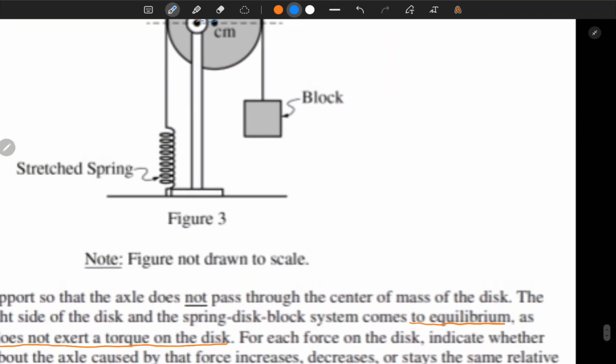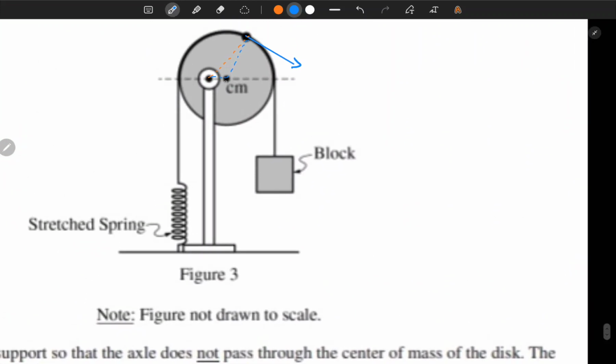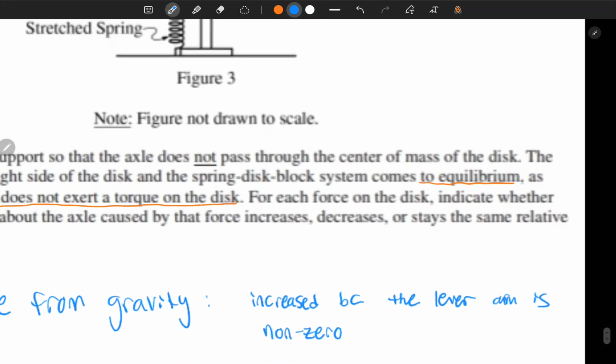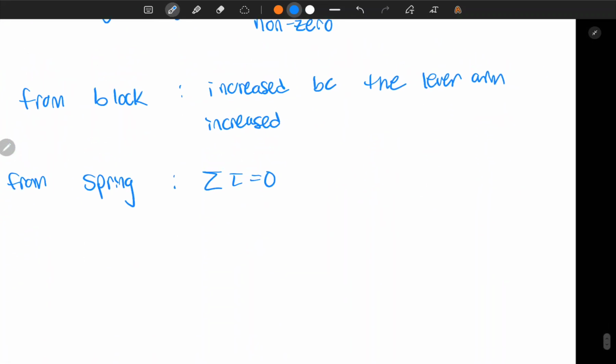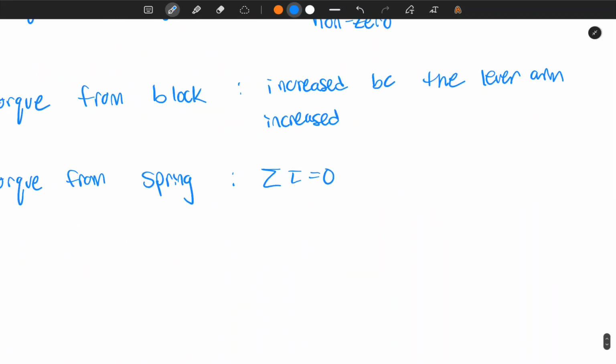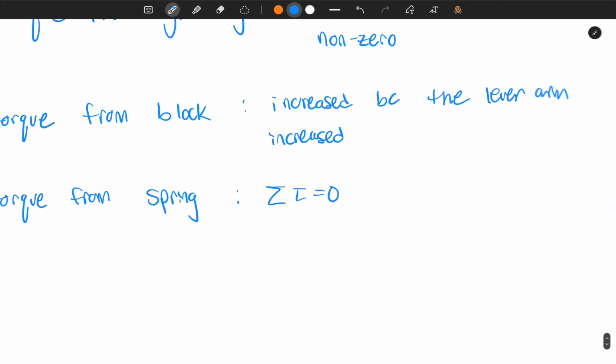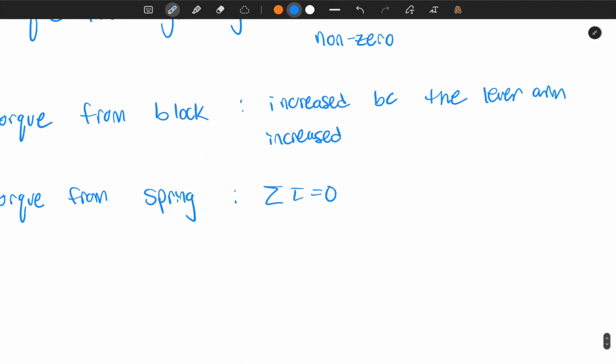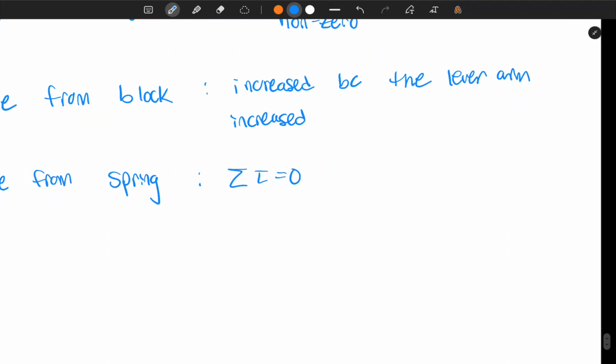So, the clockwise torque is equal to the gravitational torque, which acts clockwise because it's acting to the right of the new axle, plus the now larger torque from the block, since this is larger than the original clockwise torque. We see that the spring force has to give a larger torque than it did before.